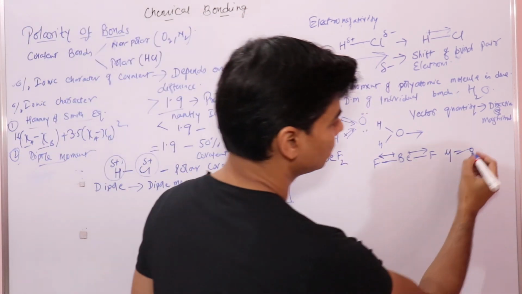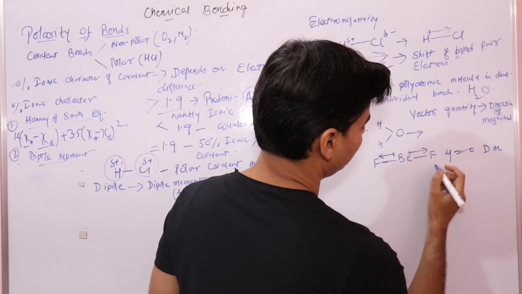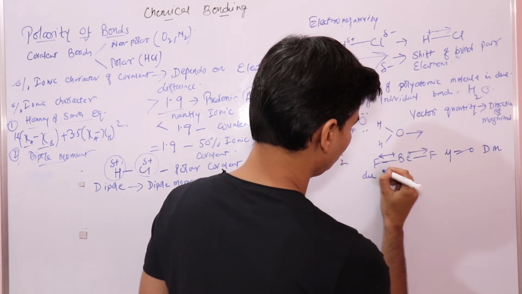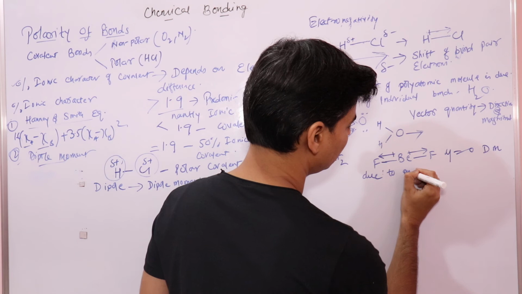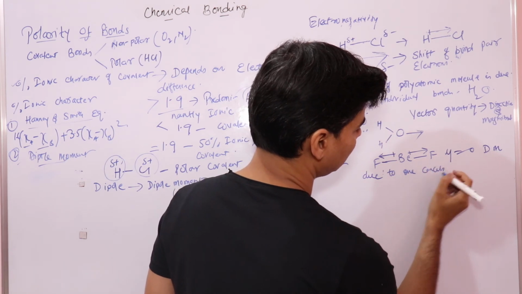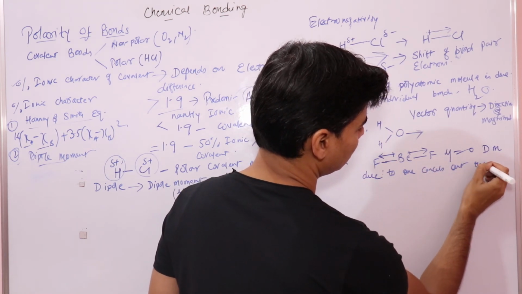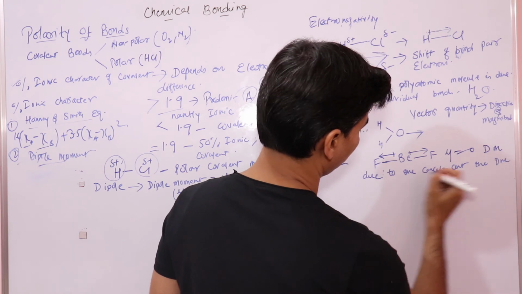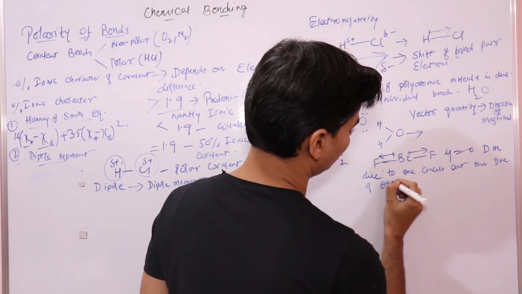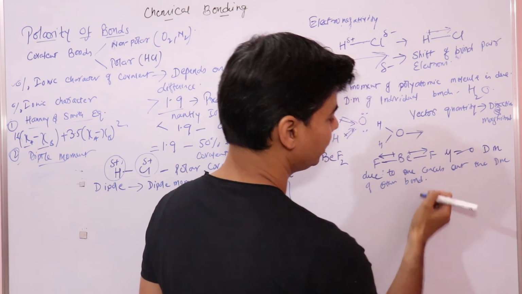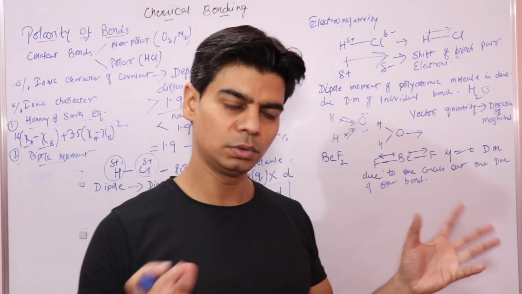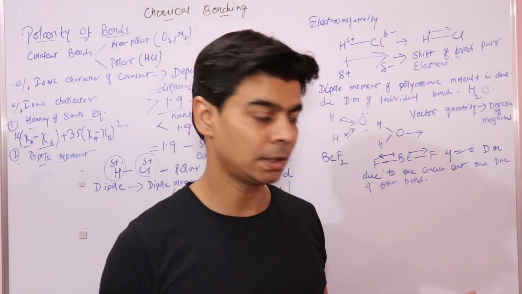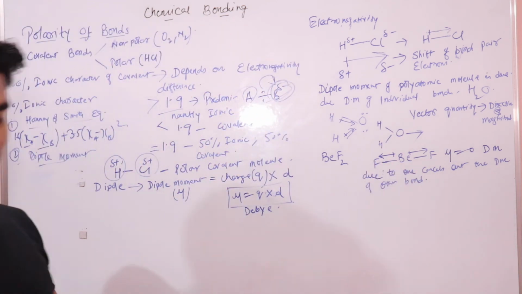Why? Because the dipole moment due to one bond cancels out the dipole moment of the other bond, or what we say is the dipole moments of both these bonds cancel each other, and this is a symmetric molecule.